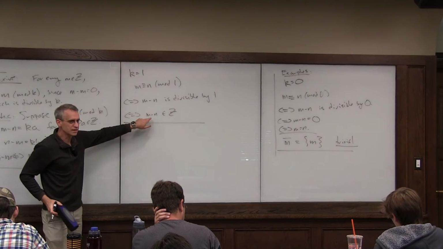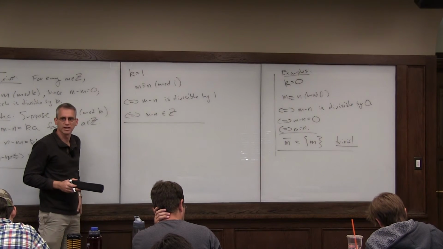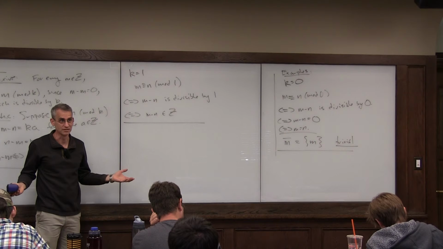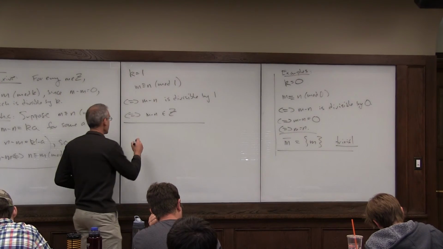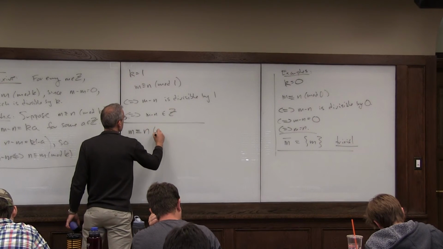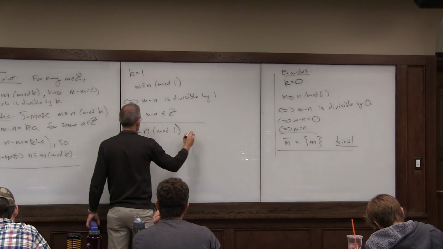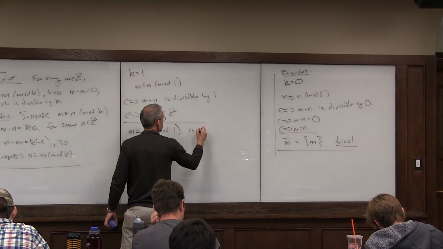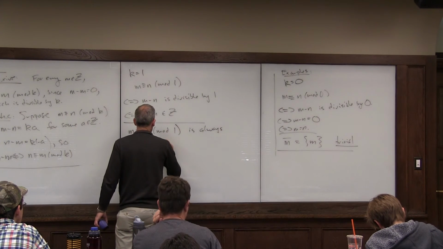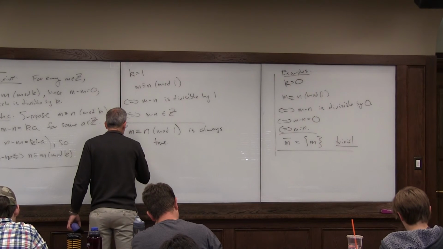Well, how often is the difference between two integers an integer? Like always. So that means that m equivalent to n mod 1 is always true. Now what is m bar?